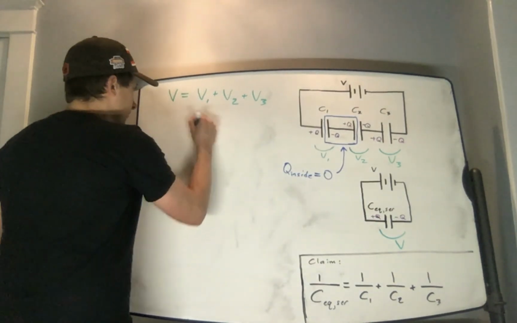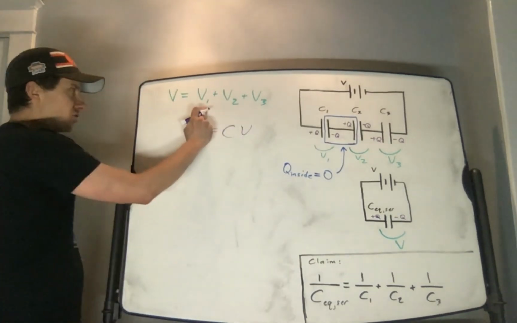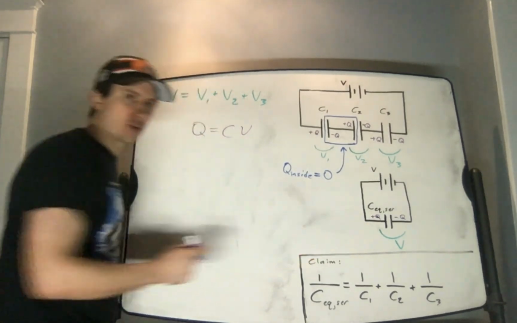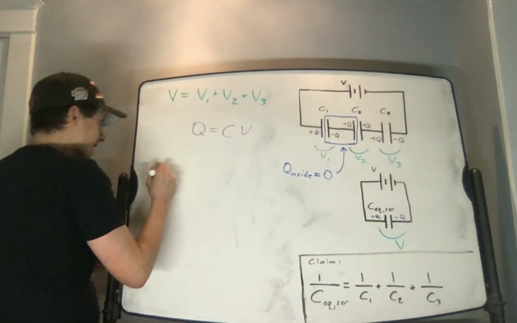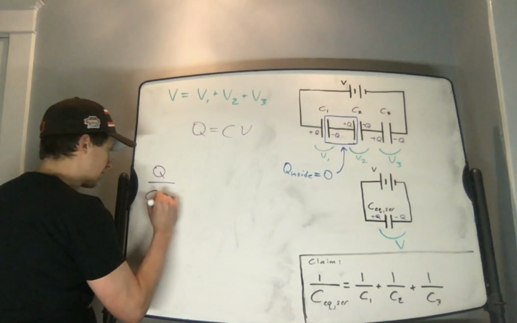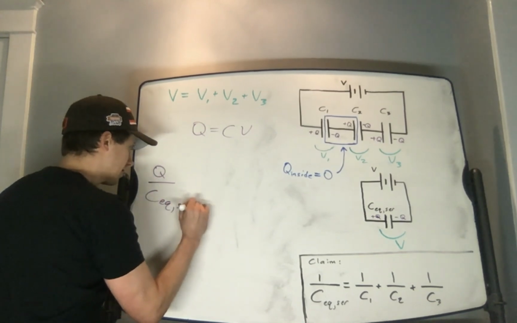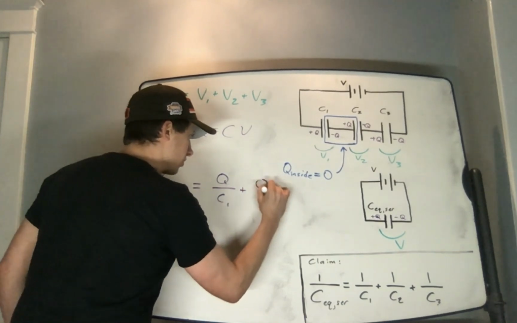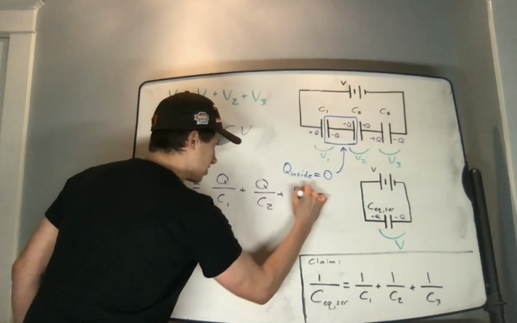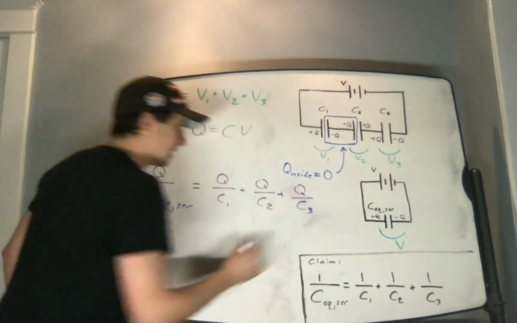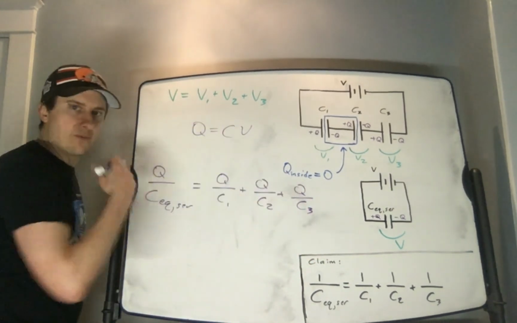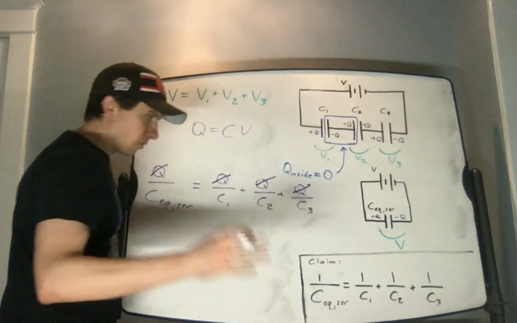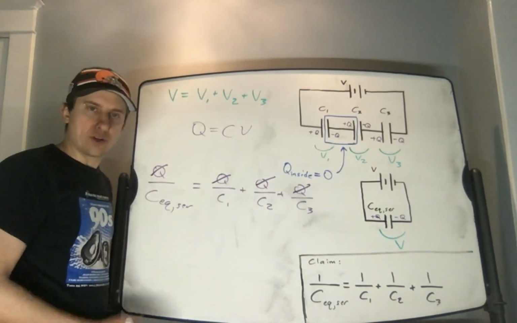Using Q equals CV, I could rewrite this equation relating the voltage drop across the three capacitors to the voltage drop across the equivalent capacitor as Q over C equivalent is equal to Q over C1 plus Q over C2 plus Q over C3. Because Q is the same for each term in this equation, we could cross out all of the Q's, and what we're left with is this result that we originally claimed.